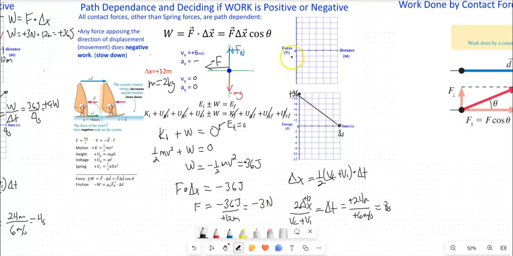So it's basically the same time frame and the same distance. But in this case, the force is going to be a negative 3 newtons that is working on it through the total displacement, which is positive 12 meters. So this part right here is there.